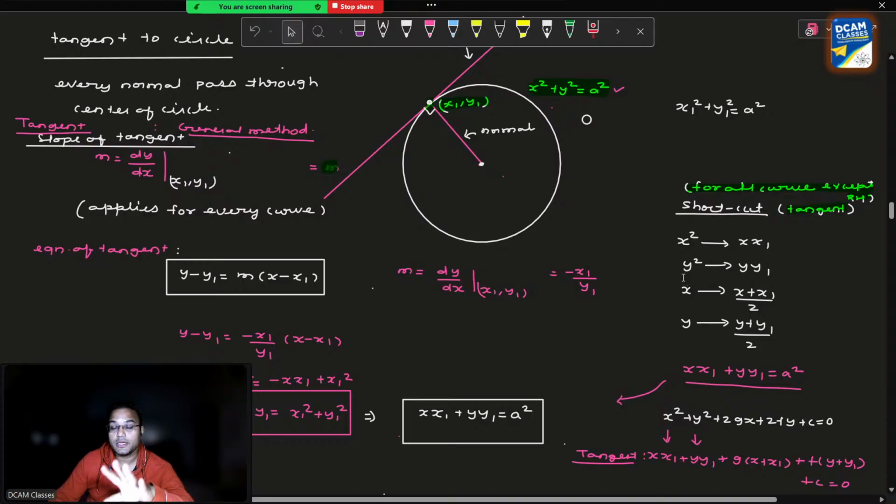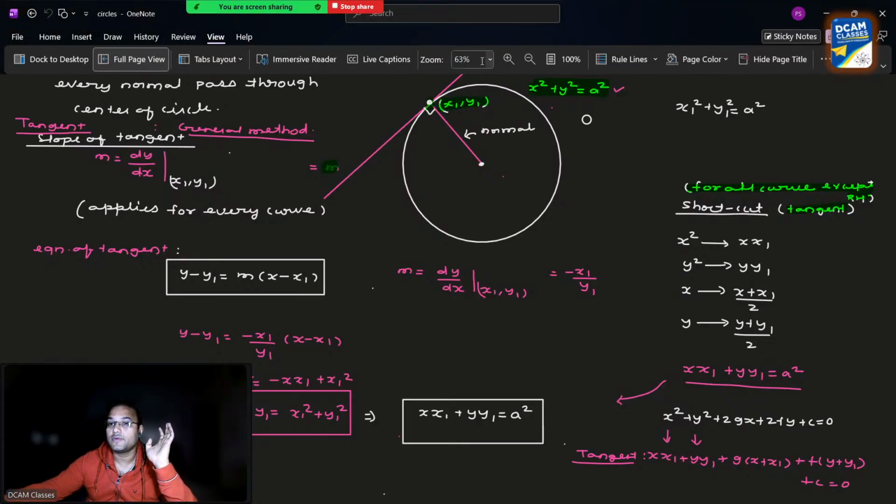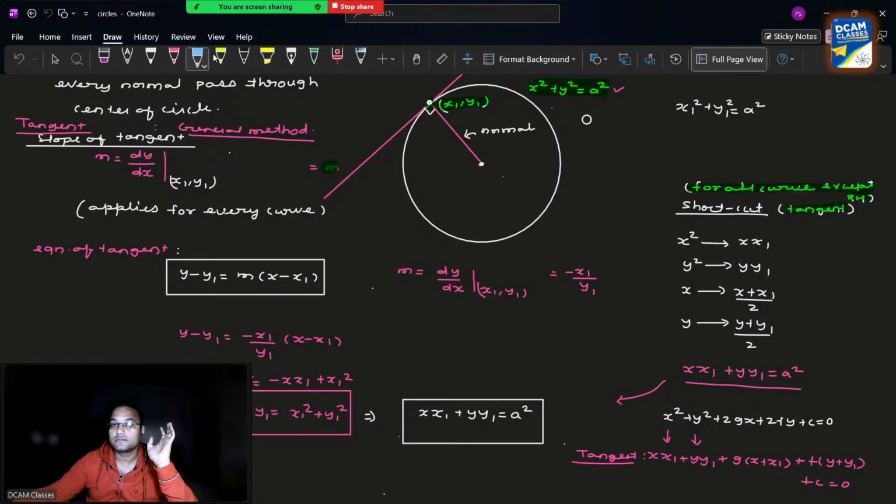See, observe it properly, because on the basis of that only I'll ask you the question and you yourself have to find the equation of the tangent. I won't help.